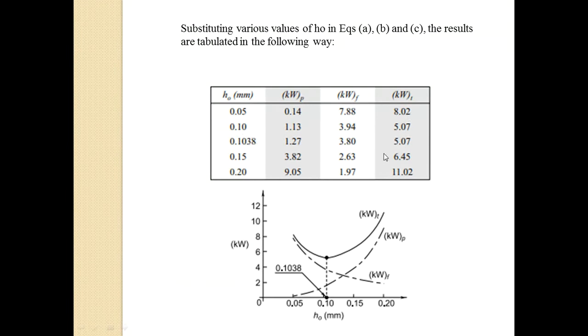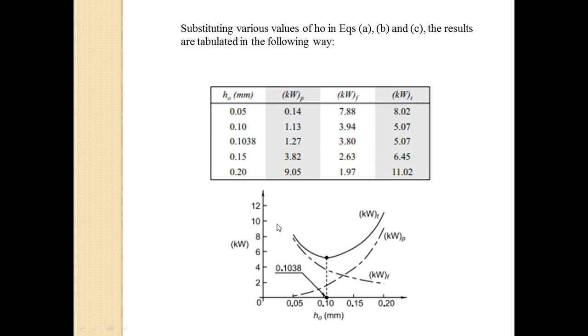For 0.1038 it comes around 5.07. For 0.15 it comes around 6.45, and for 0.20 it comes around 11.02. That means at this optimum value 0.1038 we got minimum energy losses, this is 5.07. So for 0.10 it is again similar, a slight change is there.